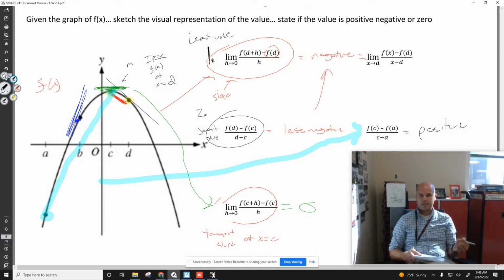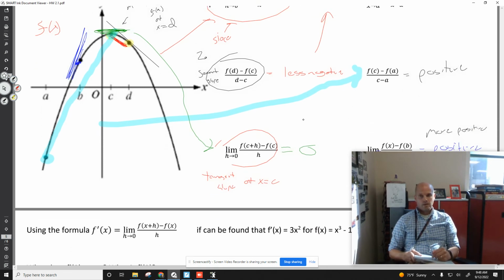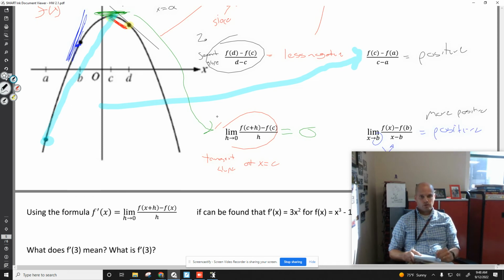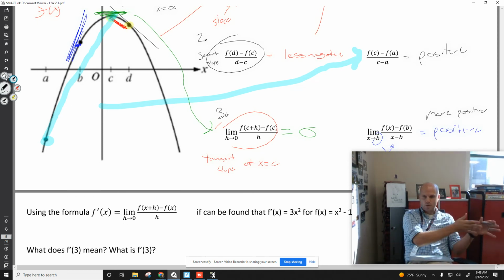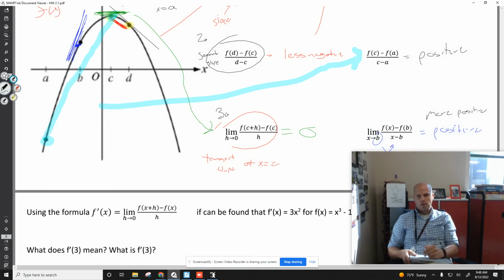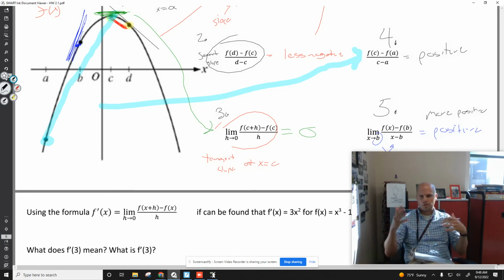That'd be the second least value. This would be tied for first because it's the same thing. This is 0, so this is the third least value: super negative, less negative, 0. And then we go to positives. Then we go to more positives. You can order things just by analyzing the steepness of the slopes, and you're good.